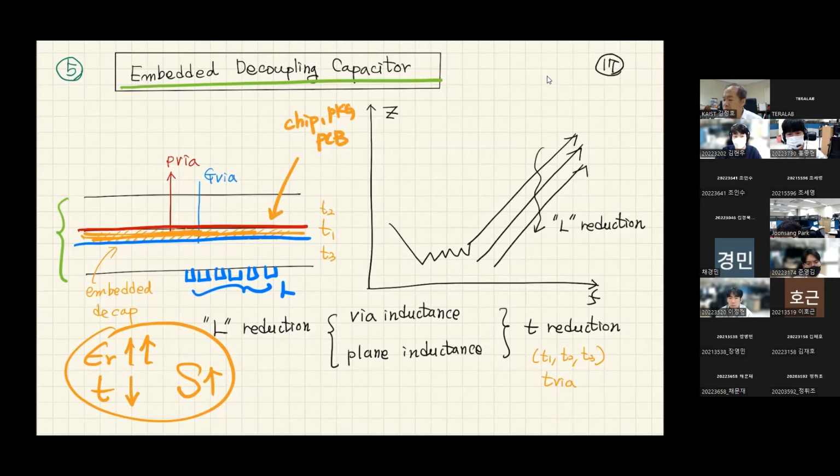And you intentionally design or manufacture a PCB or package or chip which has a high dielectric film between the metal and metal, and you have to make the thickness as thin as possible, probably less than a micron or less than 1,000 angstrom or something like that. Maybe nanometer scale in the future. And the area should be huge.